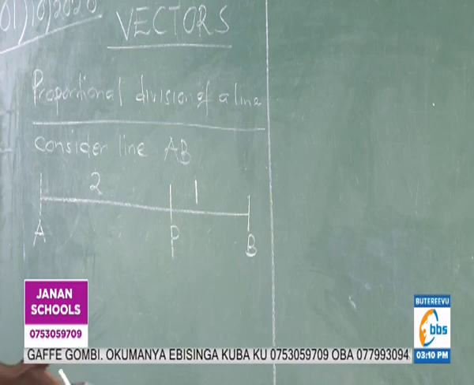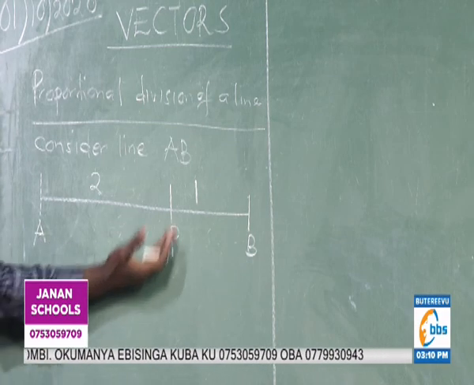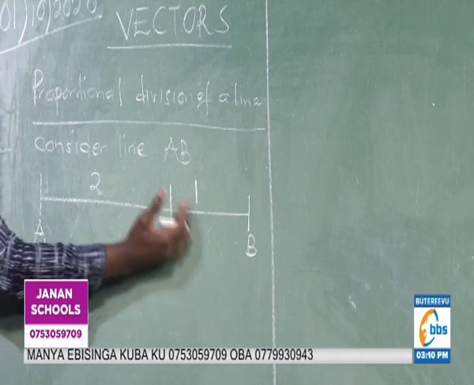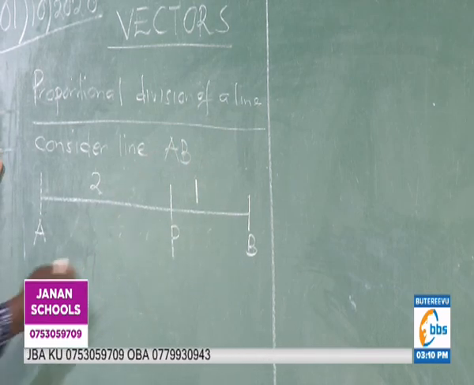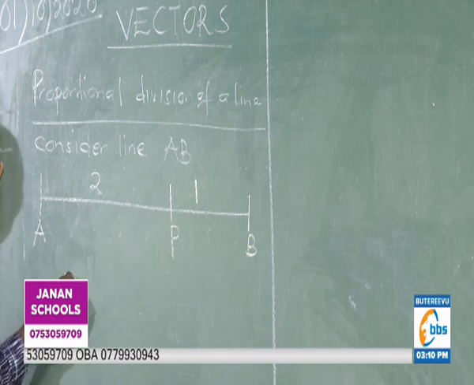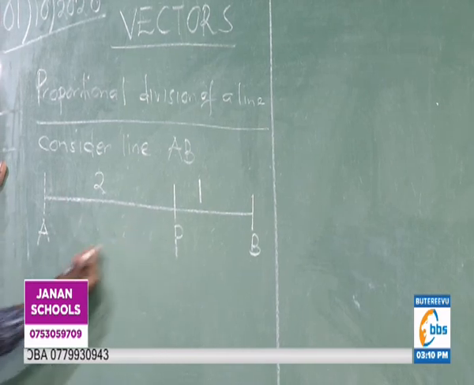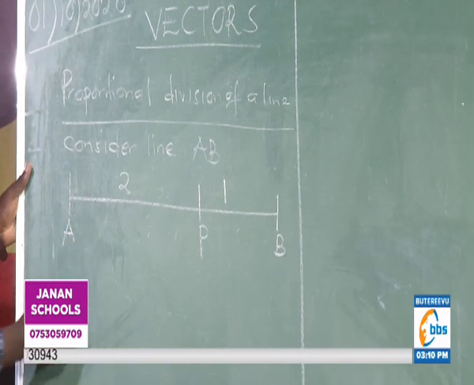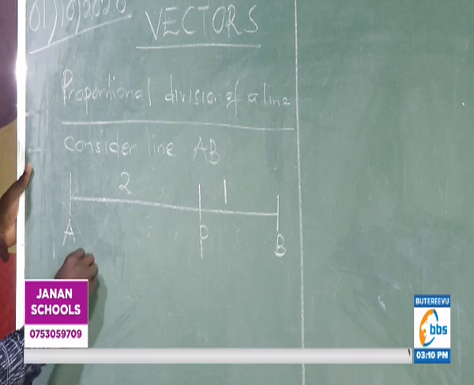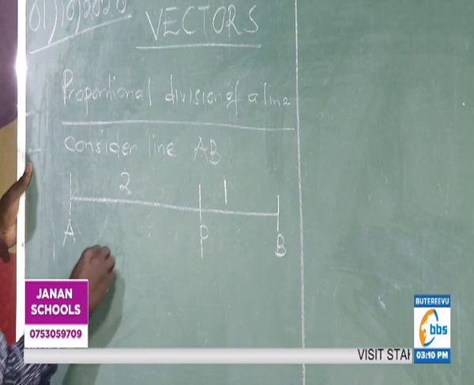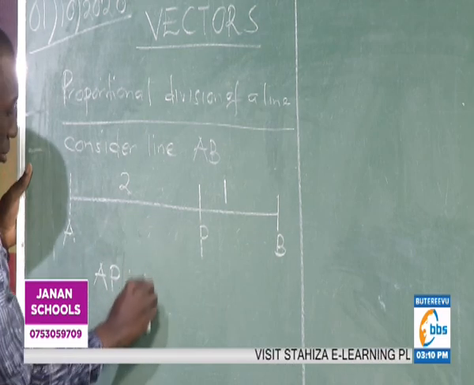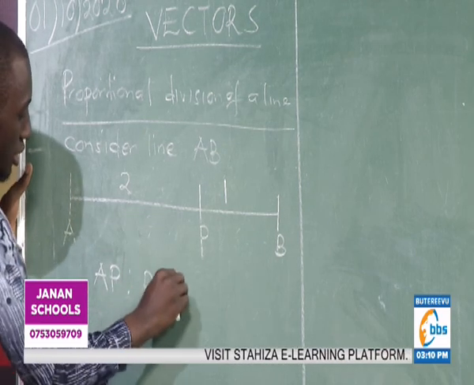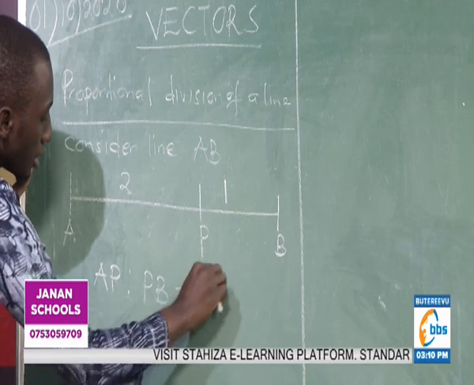So internal division is where the point is within the line, not outside. Because this is 2 and this is 1, we can express this information in very many ways. We can say that AP to PB gives us 2 to 1.